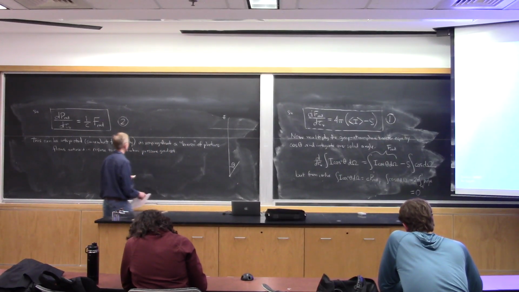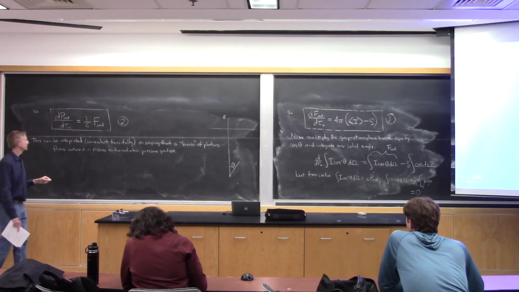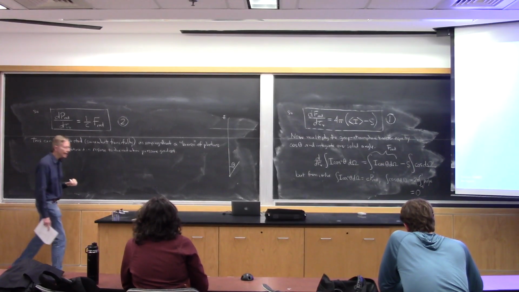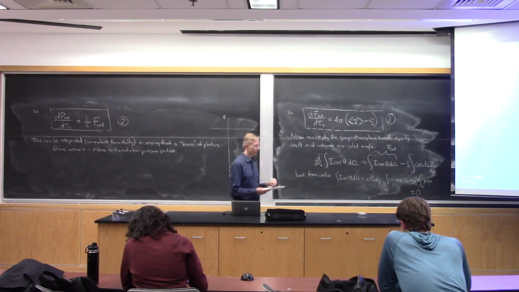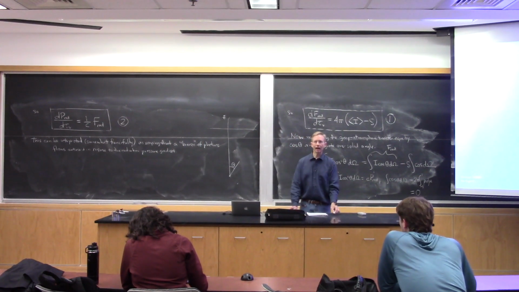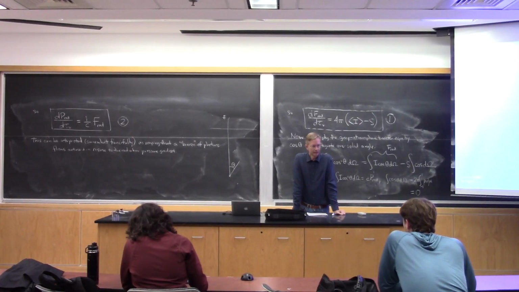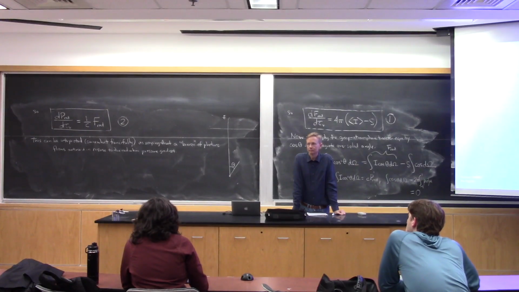One thing I should remind you of that you might have forgotten is that F_rad is the net flux of radiation. So if the radiation is isotropic, the same in every direction, what is F_rad equal to?